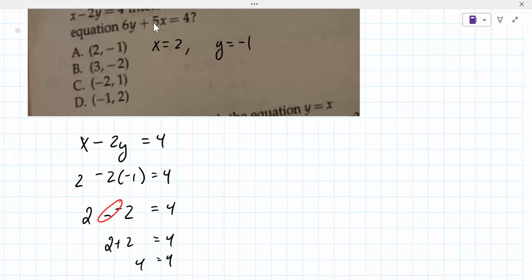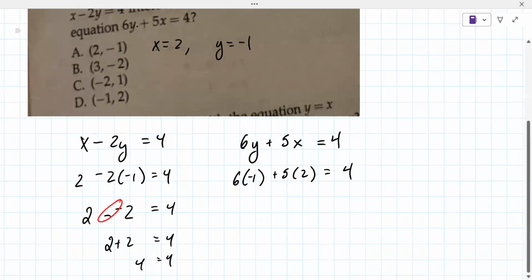Now that's good, but we've got to try it with the next one. So 6y plus 5x, does that equal 4? So 6 times -1 plus 5 times 2, does that equal 4? Probably.